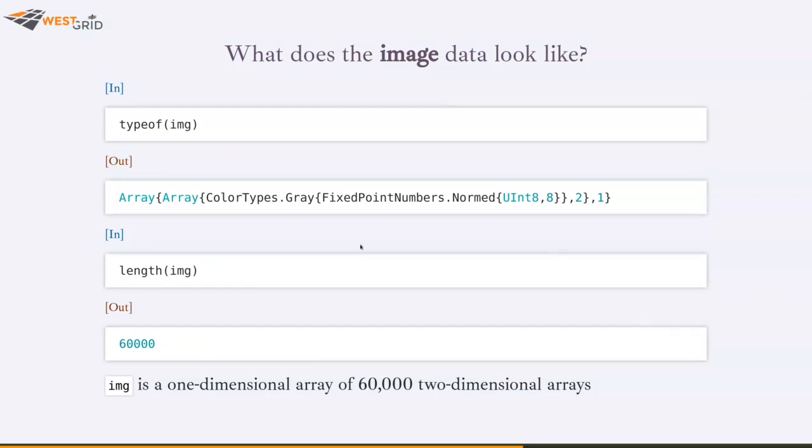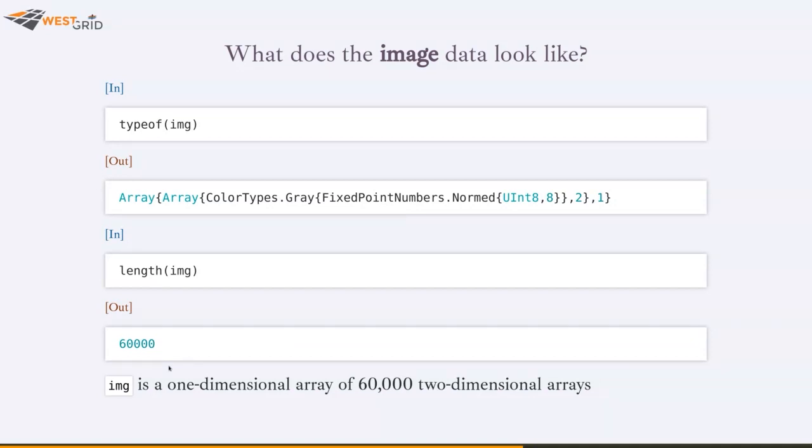So images, it's a one-dimensional array of arrays, and those arrays are two-dimensional of a type that's called color types gray, some kind of fancy thing.